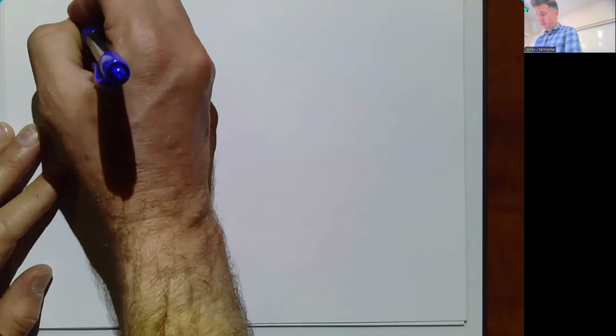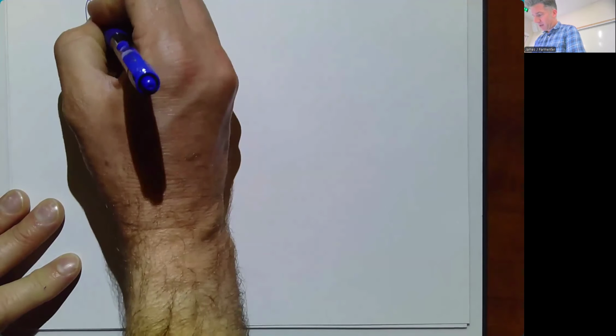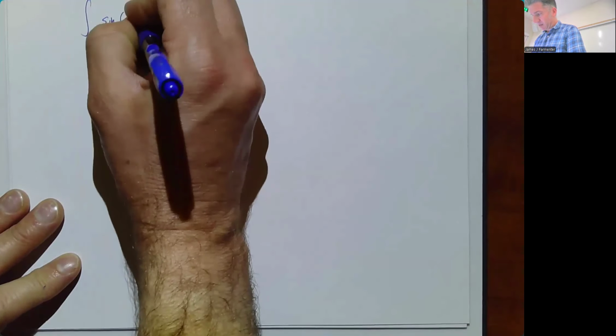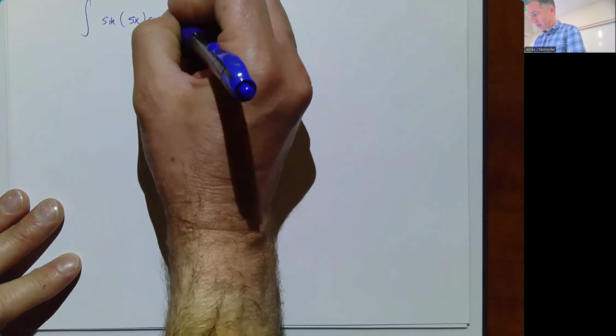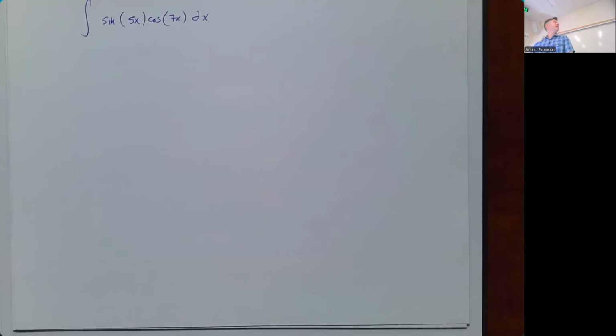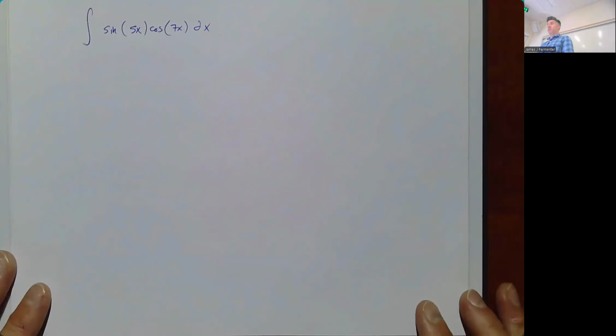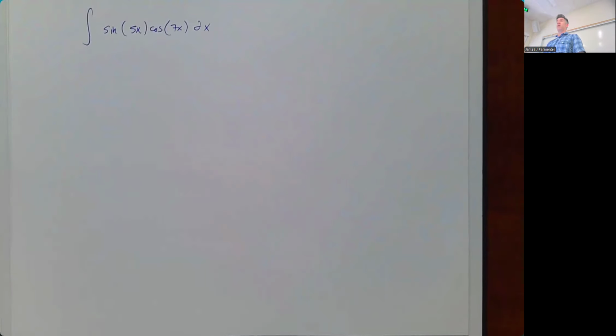The other thing that's kind of weird that I always forget about is something like this. I do not like this next example, but I will put it. If you have the integral of, say, sine of 5x times cosine of 7x, this is not something I know by heart. I would always have to look this up.